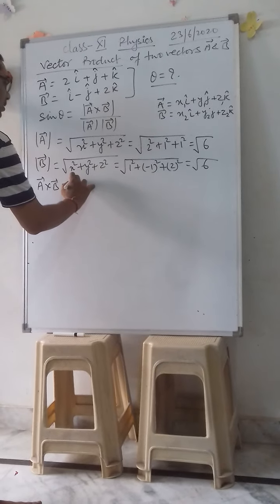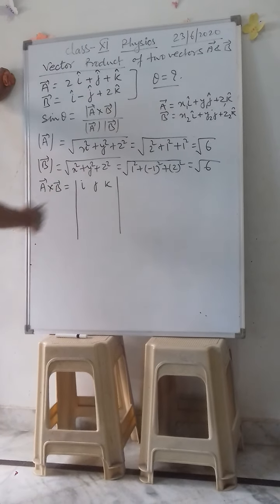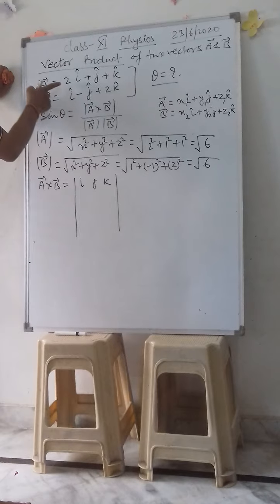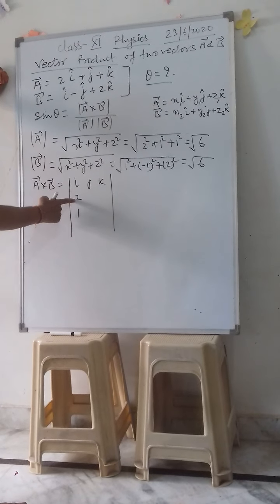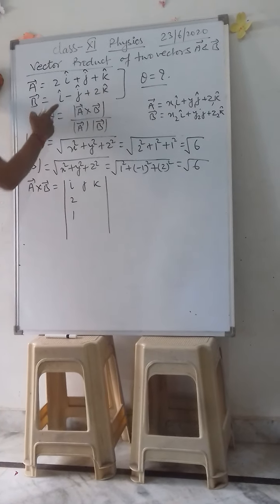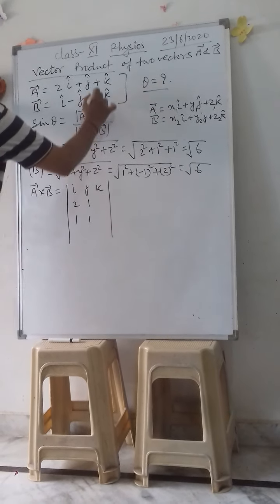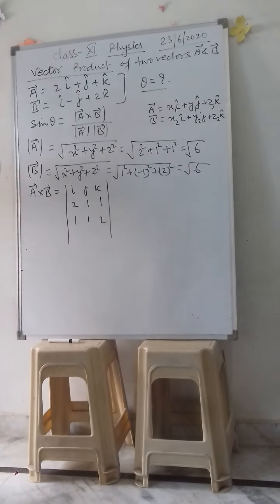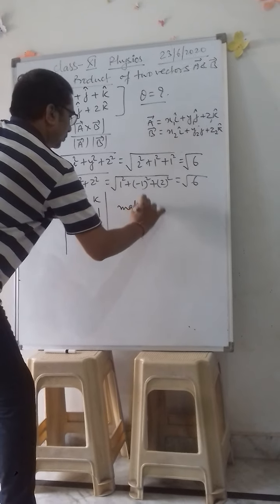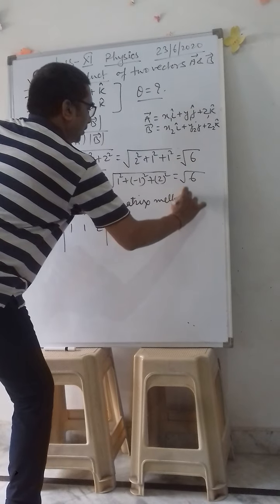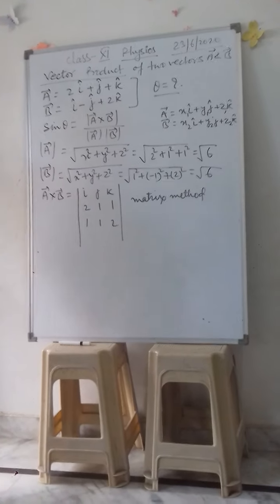By the matrix method, this is the I, this is the J, this is the K. Here we write 2 1 1 for A, and similarly 1 minus 1 2 for B. This is a very simple method to find out the cross product of given two vectors.